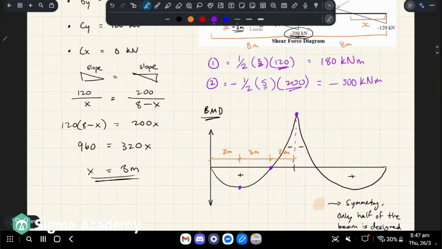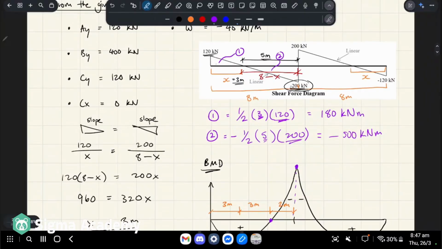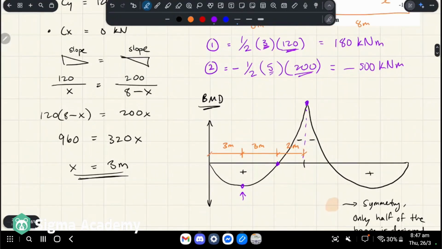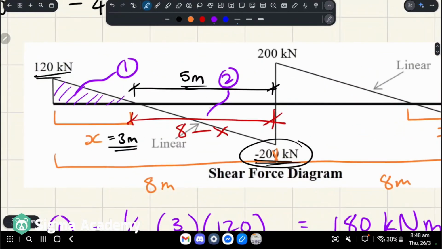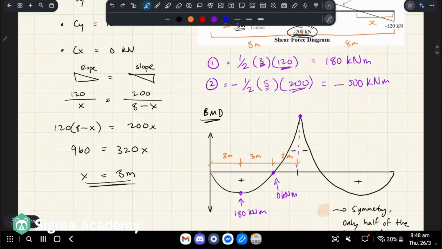So at this point here, when we've traveled 3 meters, the entire area of this triangle has been covered. So that's 180 kilonewton meters. After another 3 meters, it goes back down to 0, but we don't really care about that, because if we travel another 3 meters, we've basically done the same triangle, but one's positive, one's negative, and when you add them together, it gives you 0.